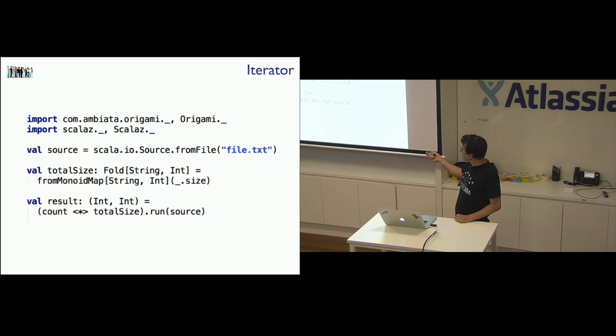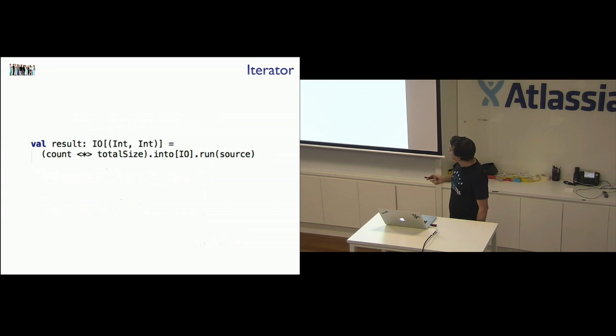There's one issue here, which is that when I run this code, I have ugly side effects. I mean, that thing is going to run right away. There's no IO monad or whatever. So one thing we need to do is to run this into the IO monad. I don't want the side effects to be right away in my program. So in order to do that, you can take a pure fold and transform it into a monadic fold using the into method.